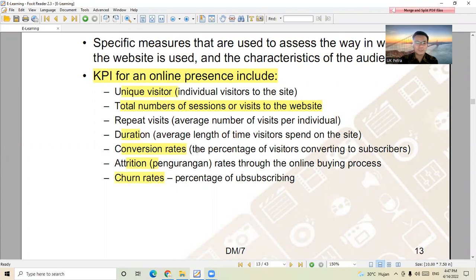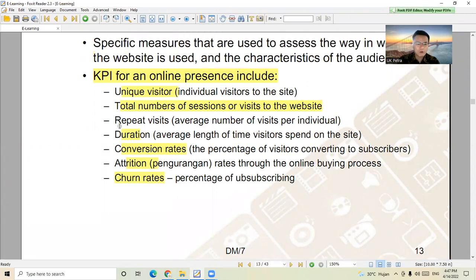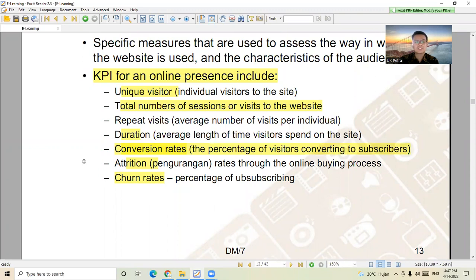All this explanation is provided here. I think the most important of all is the conversion rate, because if the conversion rate is good, then you can have more money from the revenues. If your conversion rate is not that good, then maybe there's something wrong with your marketing efforts.